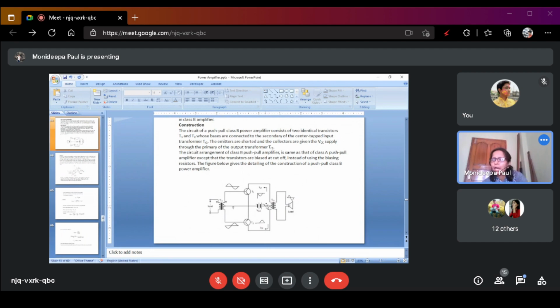So when we find out the IC, we consider VCC by 2, because half of the voltage is applied in the collector emitter circuit in both the cases of the transistor. So instead of using VCC, we use VCC by 2 divided by RC.